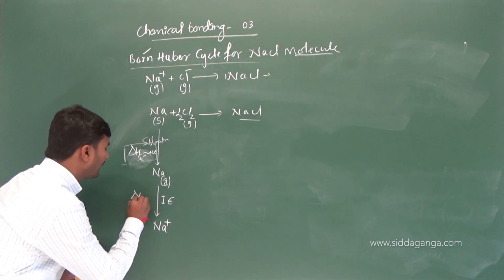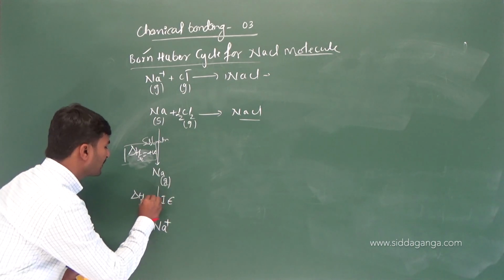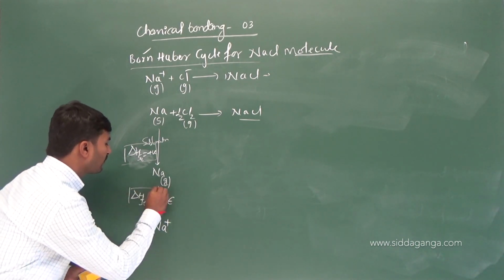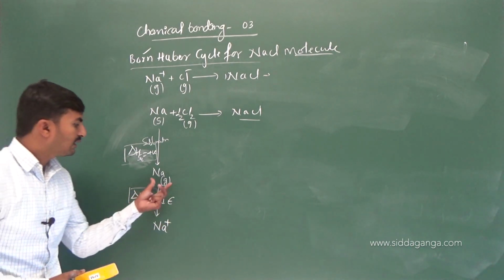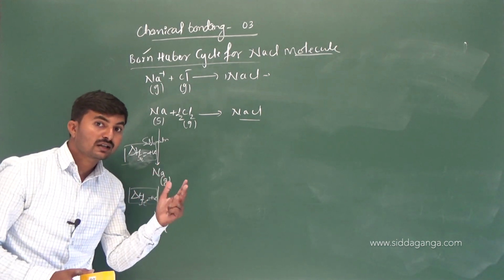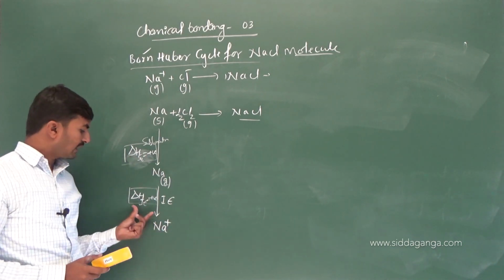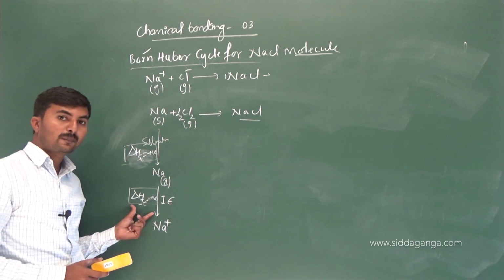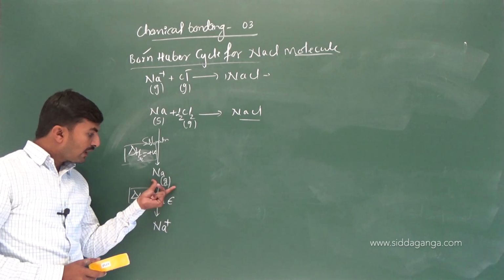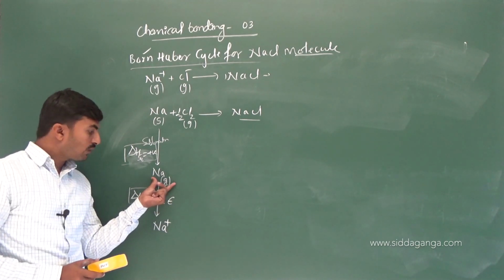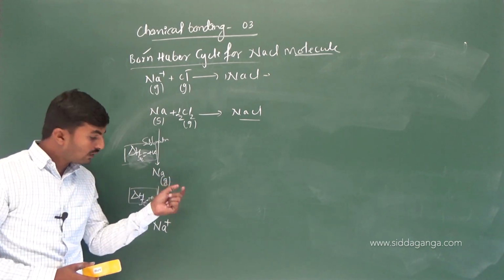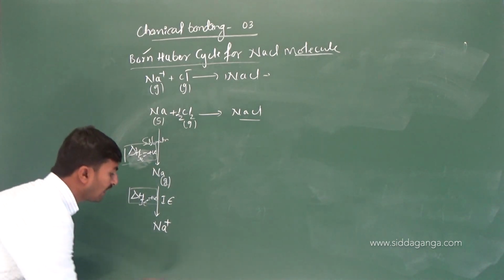And delta H of ionization energy is also positive. Why is it positive? Here the energy is not released; instead, energy is required by the system, that is why delta H is positive. After providing some energy, sodium loses its one electron and is converted into a gaseous cation.